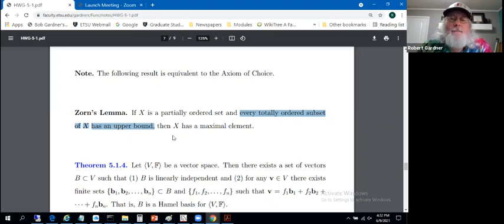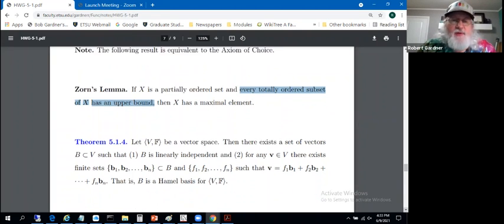Okay, so maximal elements is how we're going to access these Hamel bases. So what we'll have to do is define a partial ordering on an appropriate set. And with respect to that ordering, we'll have to show that every totally ordered subset of X has an upper bound. From that, we'll be able to conclude that X has a maximal element. By Zorn's lemma, that maximal element will be the basis that we're looking for.